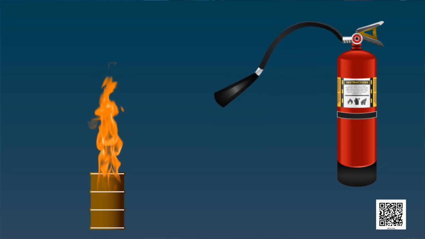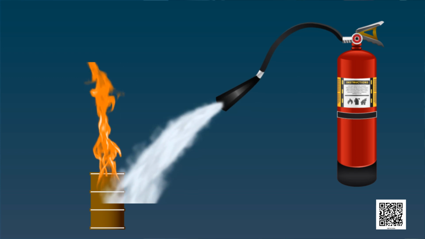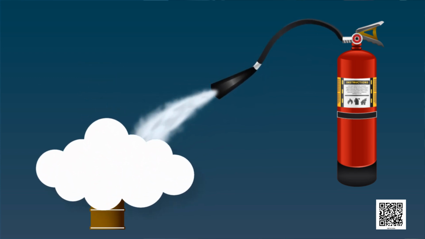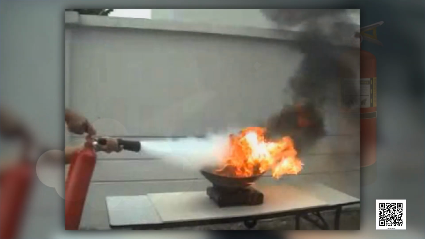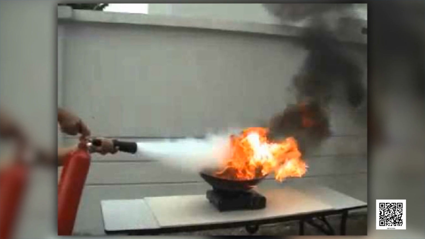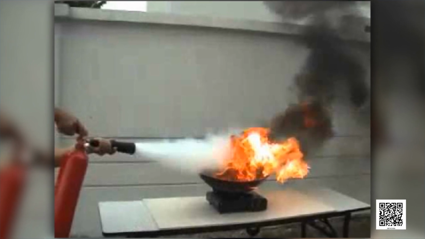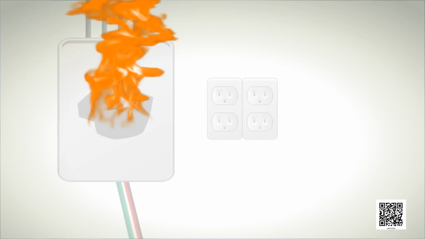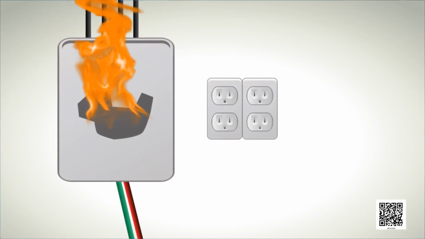In this way, it cuts off the contact between the burning combustible substance and oxygen supply, and the fire is extinguished. So, dear students, the added advantage of carbon dioxide is that in most cases, it does not harm the electrical equipments.